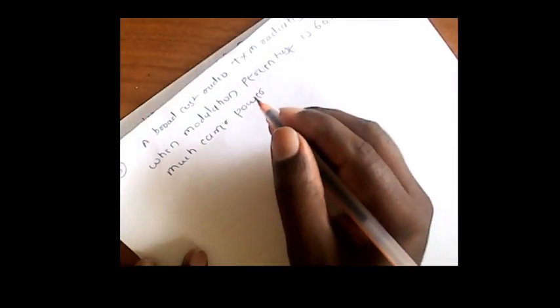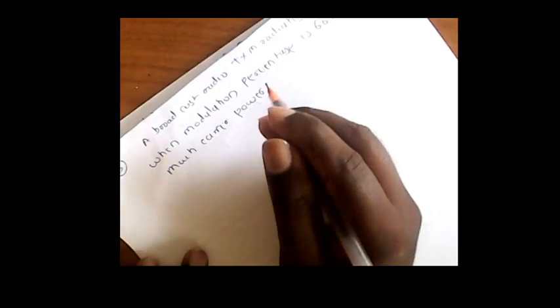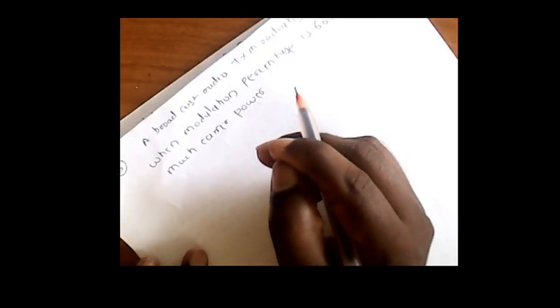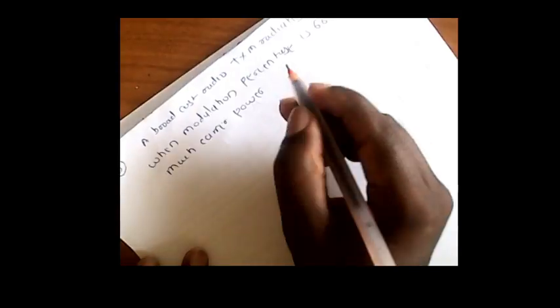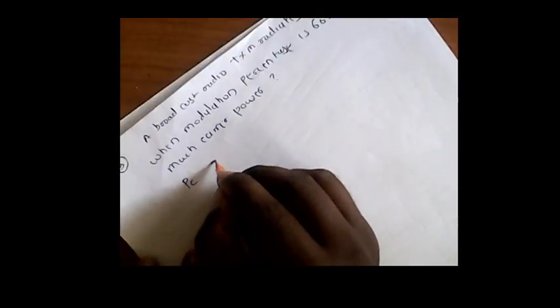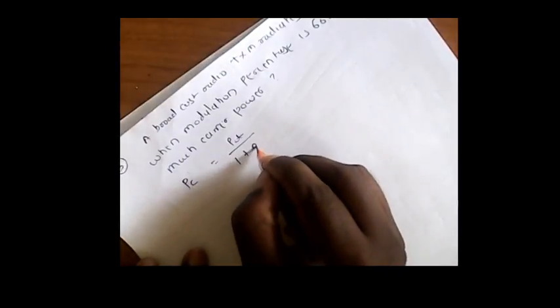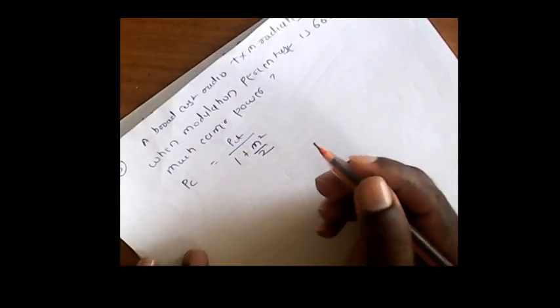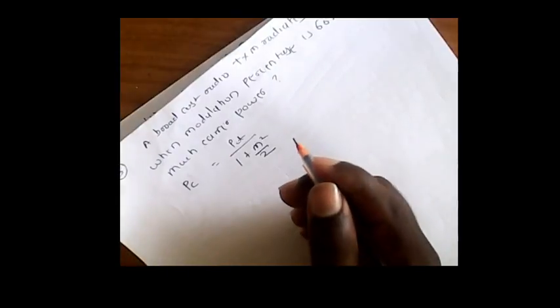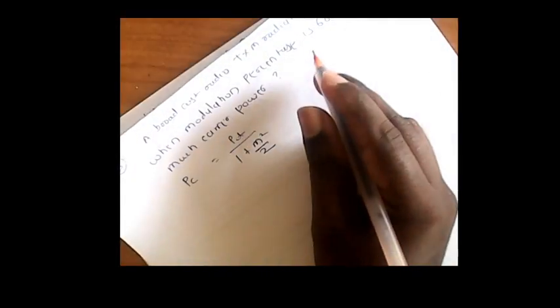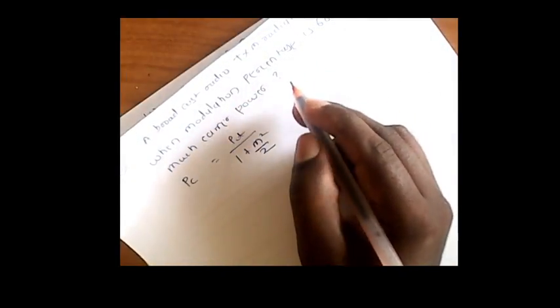So here the total power is given, and we have to calculate the carrier power, that is PC. We know that PC is equal to PT divided by 1 plus m square divided by 2, where m is the modulation index, which is given in percentage, 60.